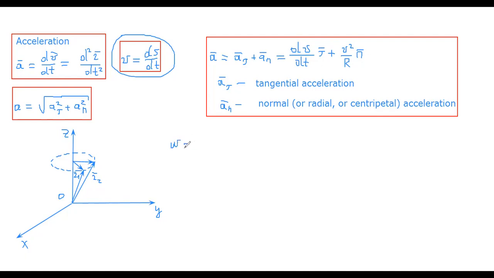Angular velocity is the first derivative of the angle by time. So we can write angular velocity.